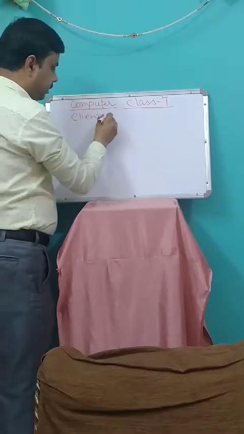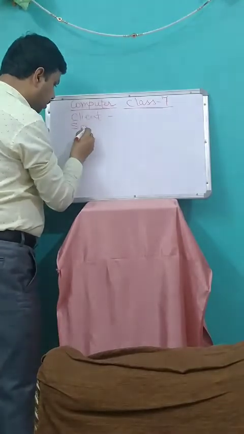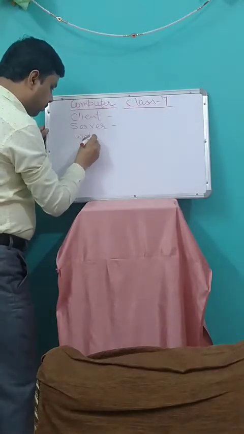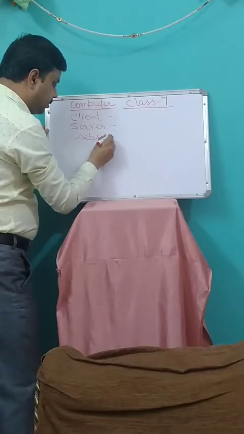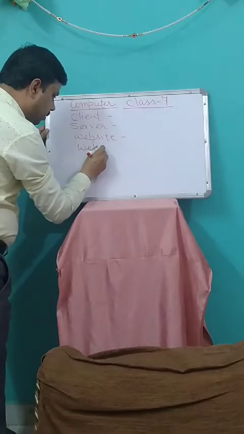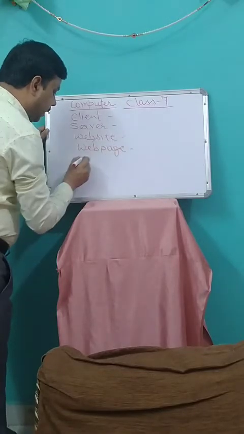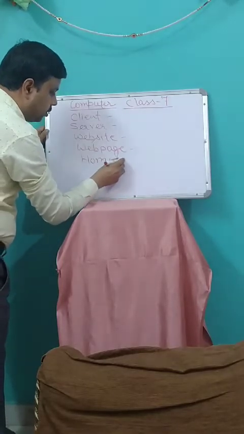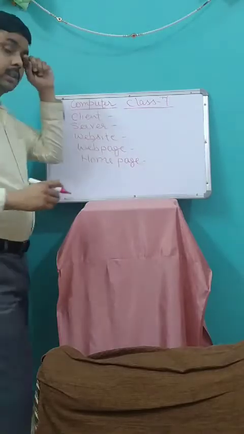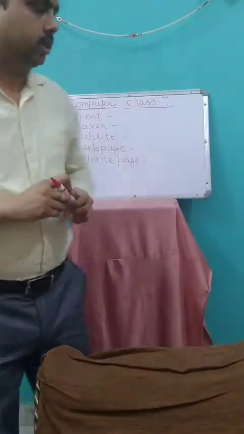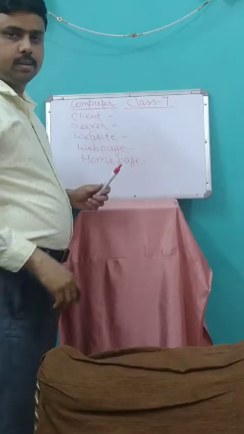I also explained server, then website, web page, and home page. Yes or no? Very good. Class, these topics we have completed yesterday. So class, any doubt? Everything is clear?